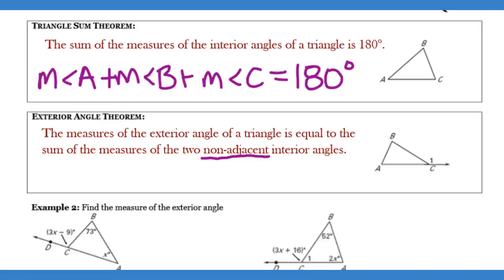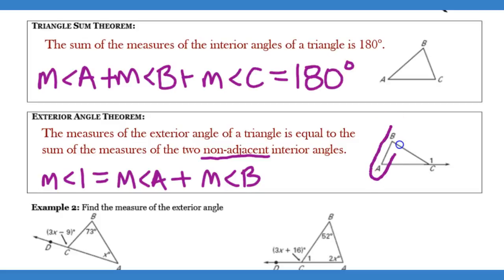So, what that means is that the measure of angle 1, which is my exterior angle, is equal to the measure of angle A plus the measure of angle B. So A plus B is going to equal this exterior angle 1.